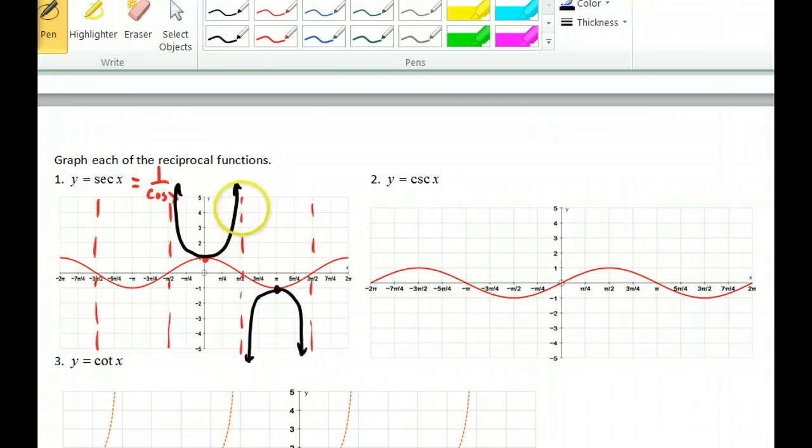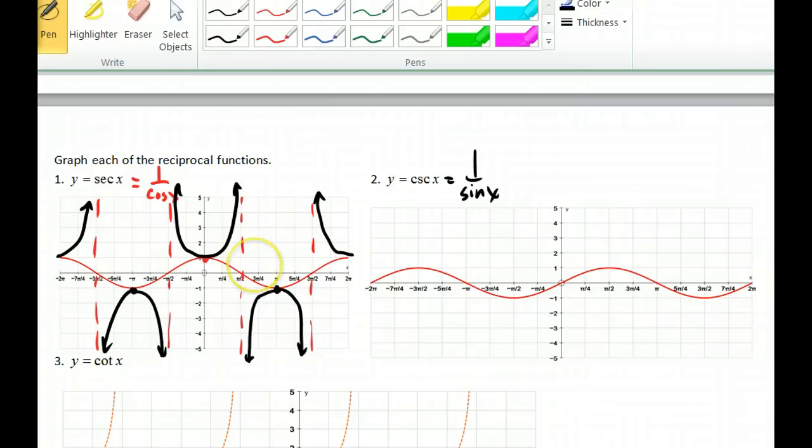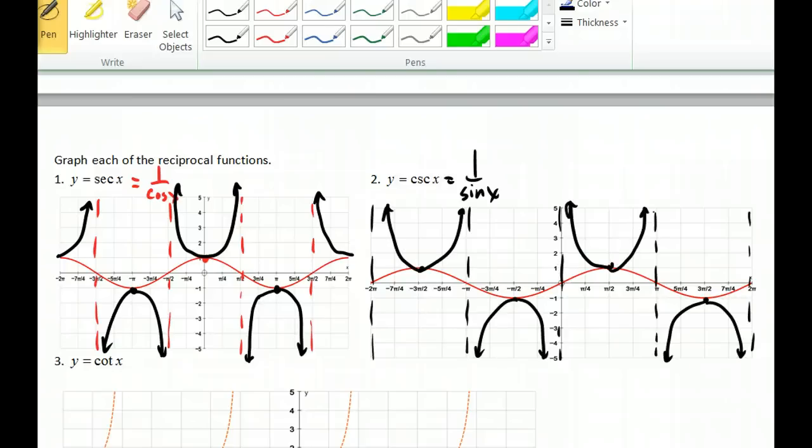What I like to say is that the reciprocal functions just ride the wave of their partner function. So then this one will go to here, and then once again we'll have this and this. Okay? So the cosecant is equal to 1 over the sine. I'm going to let you graph that. See if you can do the same thing that we did over here, a similar thing, and go ahead and graph that.